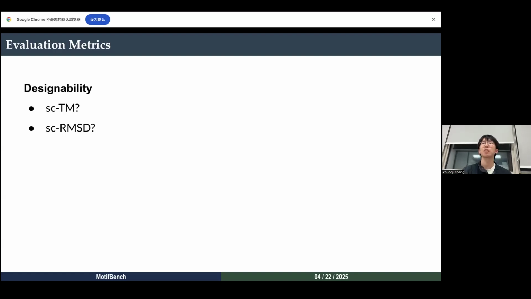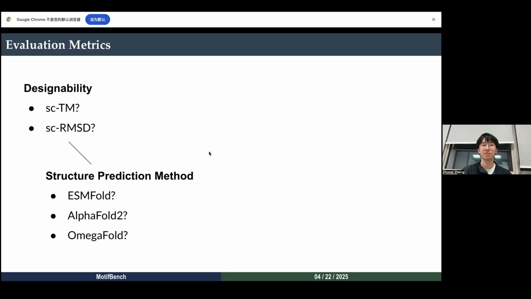And also, when doing the designability test, we're going to use the structure prediction methods. So which one do we want to use? ESMFold, AlphaFold 2, OmegaFold, or some latest methods that contain the information of different types of macromolecules, such as AlphaFold 3 and its open source implementations.